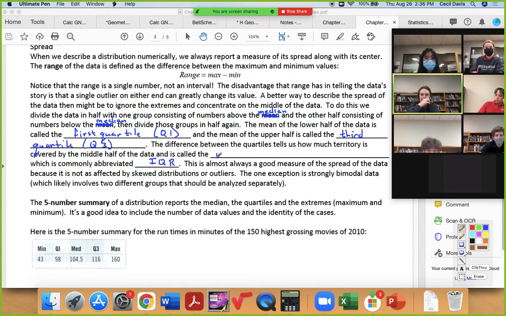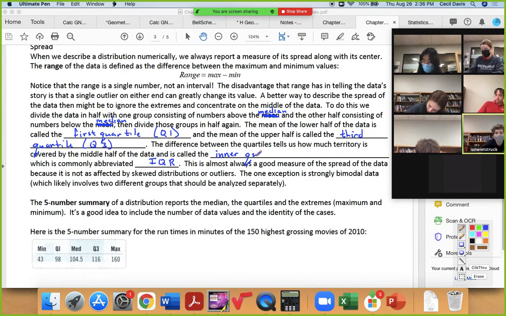Yes, it's the interquartile range. So the nice thing about the interquartile range is that it's not affected nearly as much by any outliers. So it tells you about, in the middle of my data, how spread out is it? So it can tell you how compact that is.